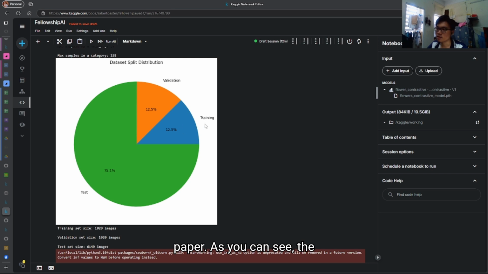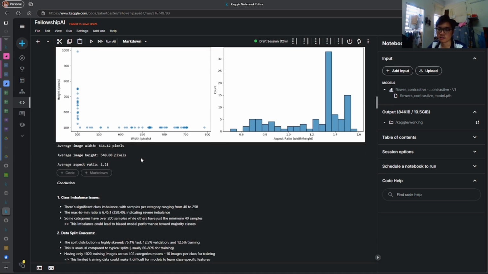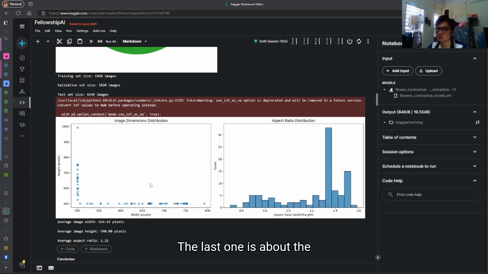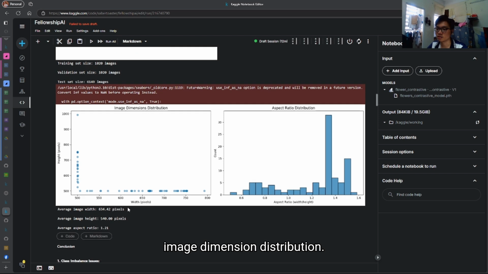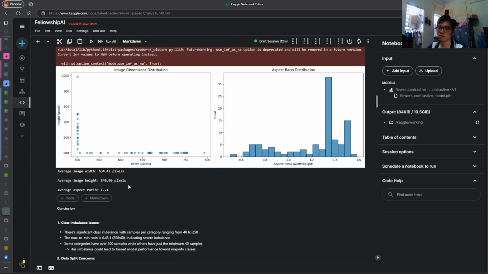You can see the training and the validation only accounts for 25% of the whole dataset. The last one is about the image dimension distribution. The images have a lot of variation, from 500 to 1000 pixels.